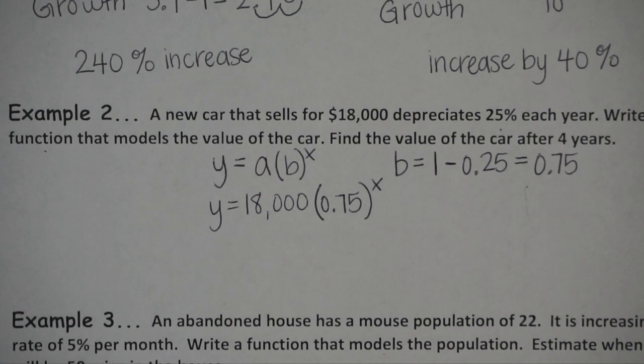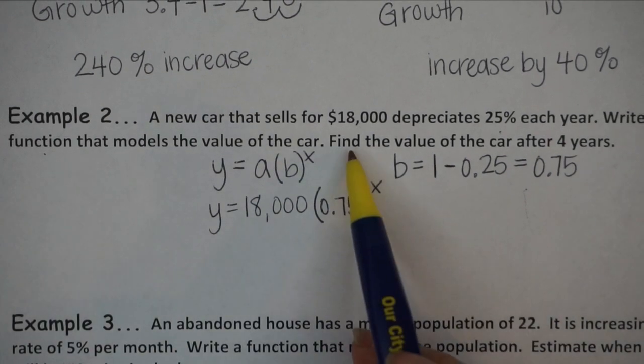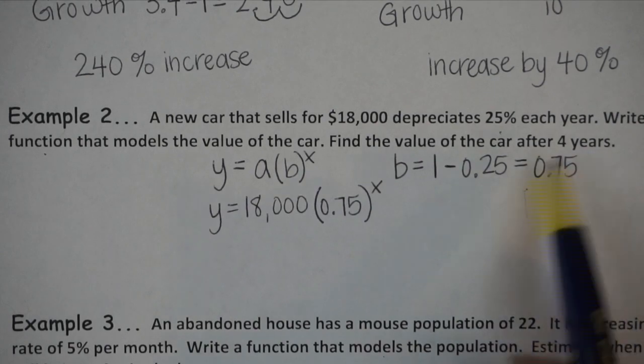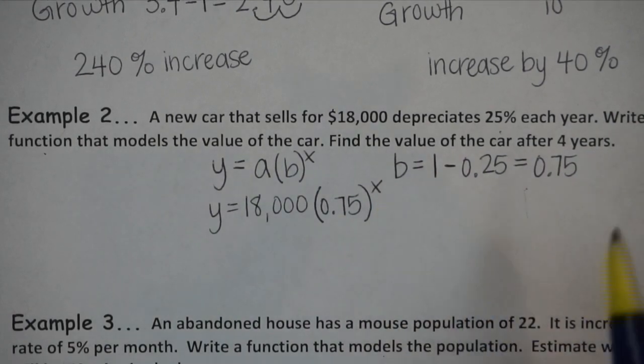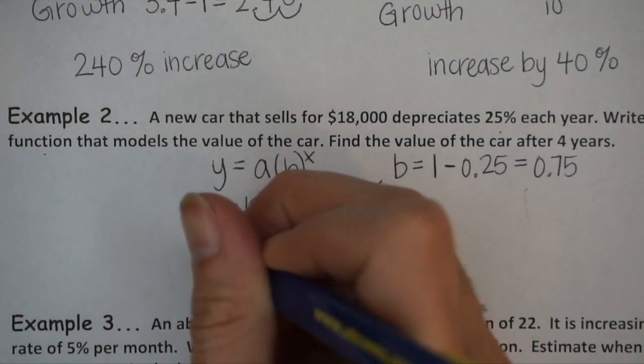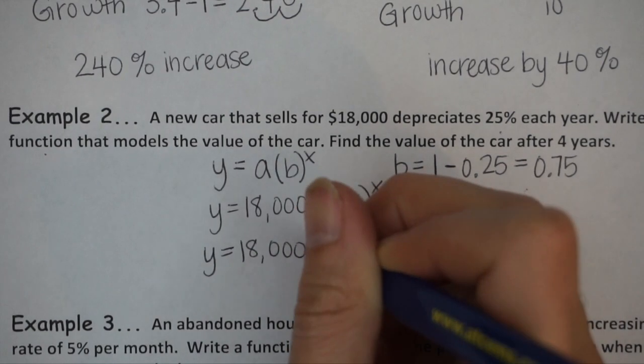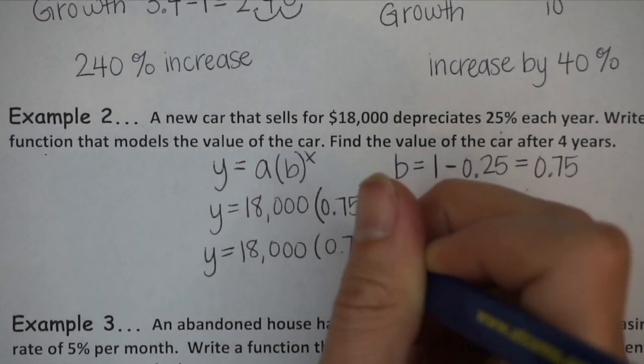Now that's the function that models the value of the car. The second part of this is they want us to actually find the value of the car after 4 years. The x, or the exponent, is representing the time. So we're actually going to plug that in there and evaluate, and to do so we can use our calculator.